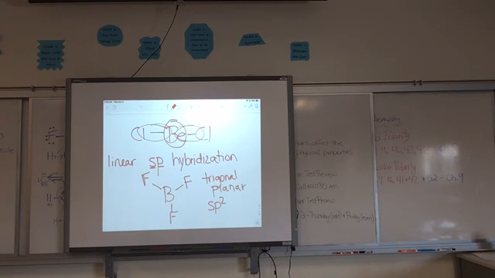S1, P2. That's 3 areas of overlap. Trigonal planar. Trigonal means 3. Are you with me there on how I remember this? sp2, 3 areas of overlap. The trigonal planar shape always makes sp2 hybridization. Trigonal means 3. sp2, that's 3 letters. Are you with me?